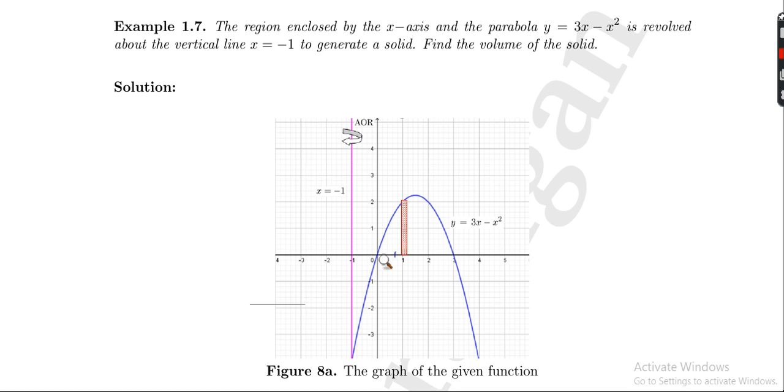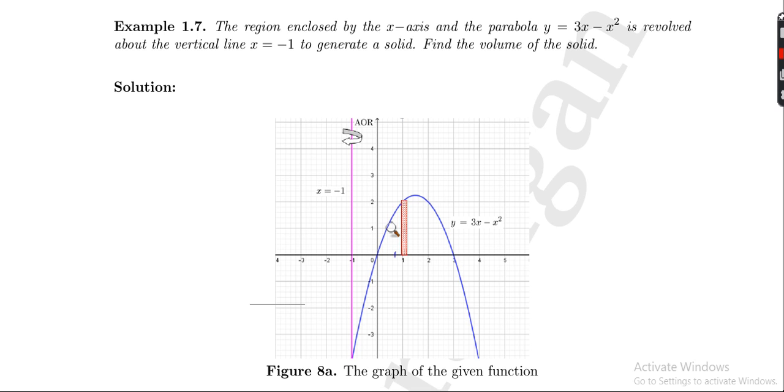Okay, and then in the ring method or the washer method, we have to use a horizontal strip or horizontal element here so that the element is perpendicular to the axis of revolution and not attached to the axis of revolution. Okay, so as we can see here, there will be two possible solutions.